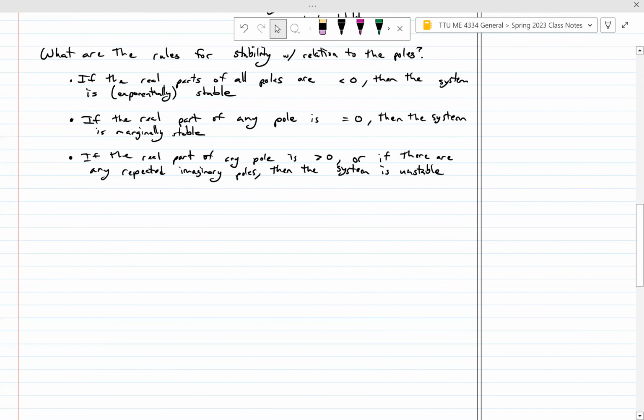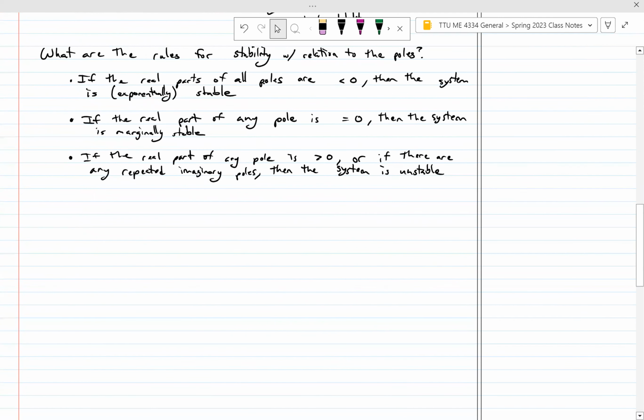But so, if we were to plot out real and imaginary here, for our first case, I'll just use black. It has nothing to do with complex. It's all about the real part. That's what determines stability. So if all the poles are over here, let's say something like this, this is a stable system. That's system number one, we'll call it.